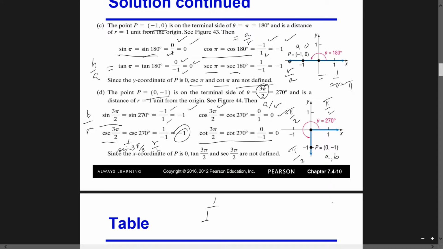Well, we haven't done tangent of 3 pi over 2. Let's just go by the definition. 1 over tangent of 3 pi over 2, and that is going to be 1 over b over a, which equals a over b, which is 0 over minus 1 equals 0. So cotangent of 3 pi over 2 is equal to minus 1.